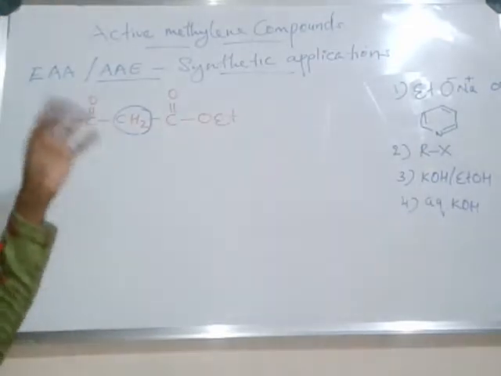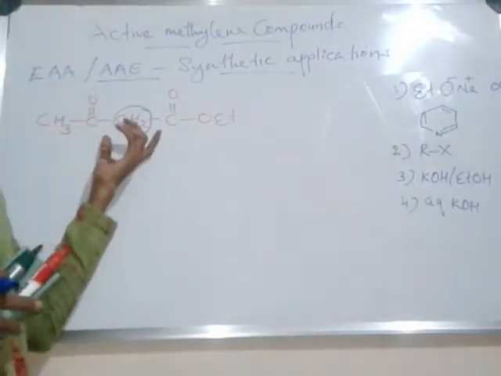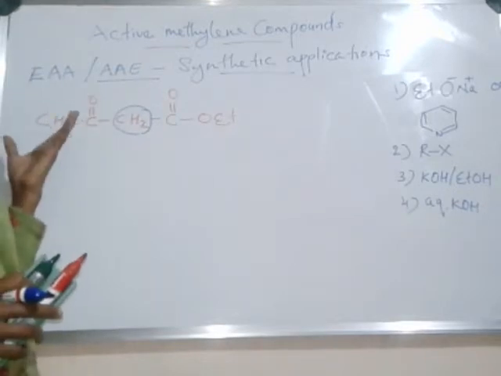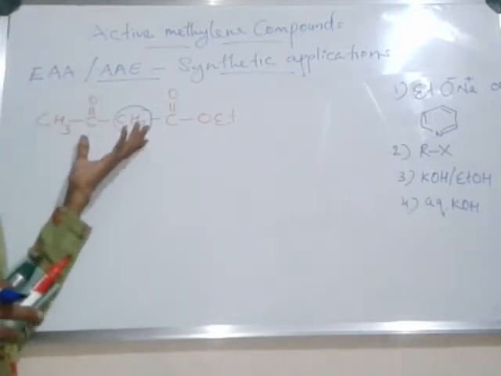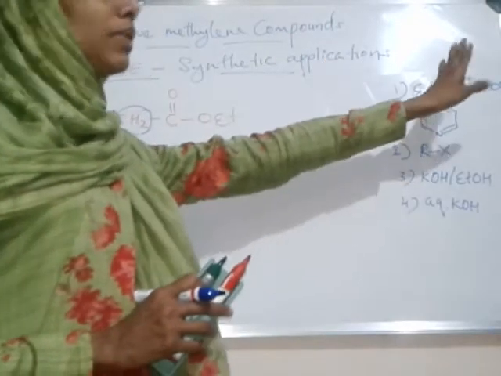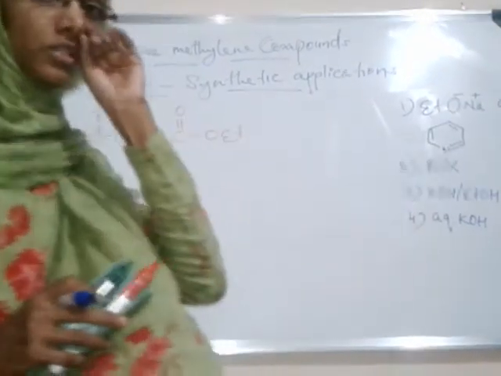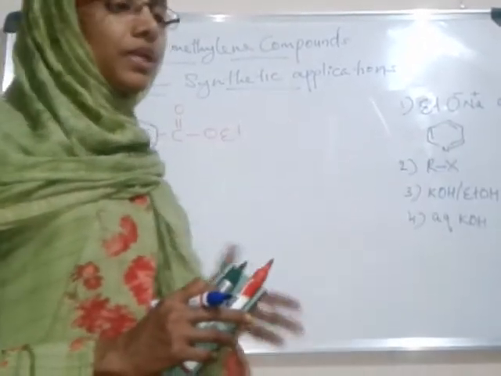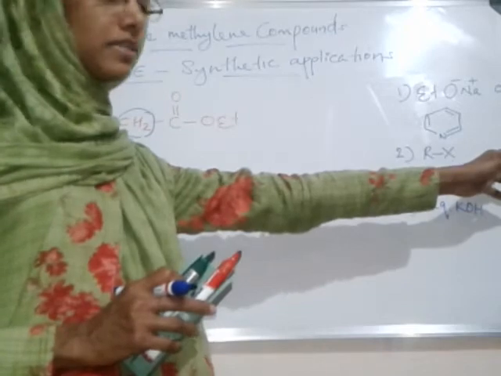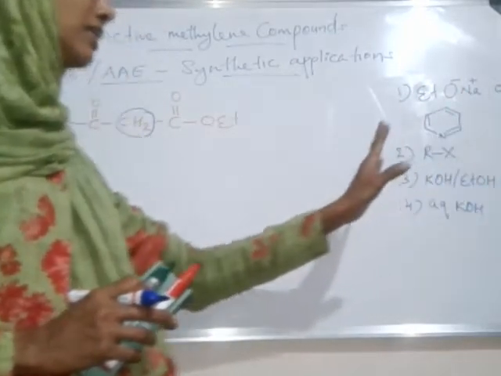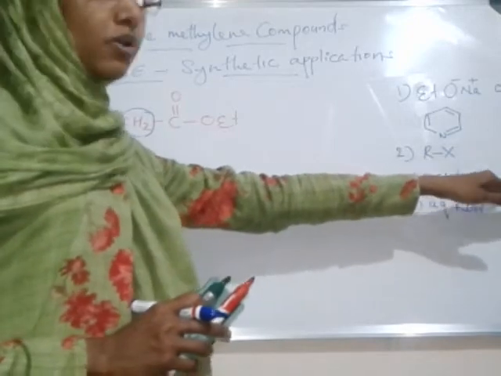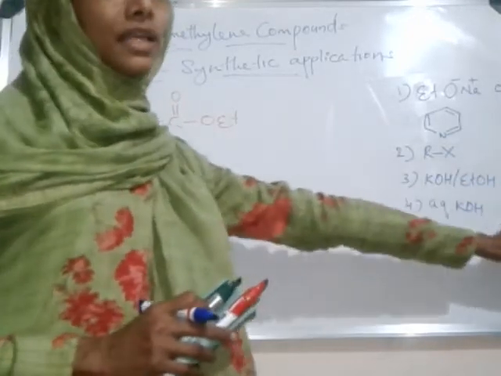Most of the reactions or synthetic applications of ethyl acetoacetic ester involve first a reaction with a base, a strong base like sodium ethoxide or a weak base like pyridine, followed by the reaction with the corresponding alkyl halides, and then reaction with alcoholic KOH or aqueous KOH.